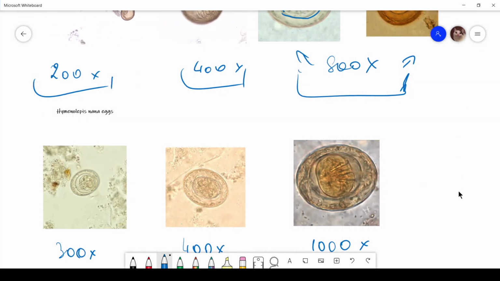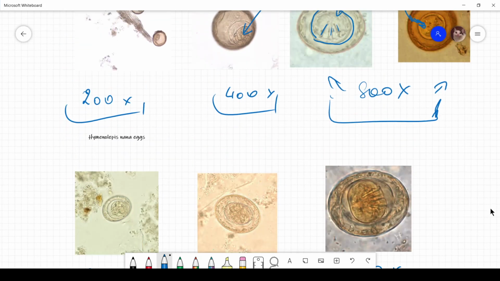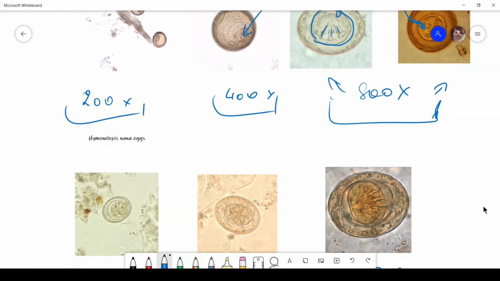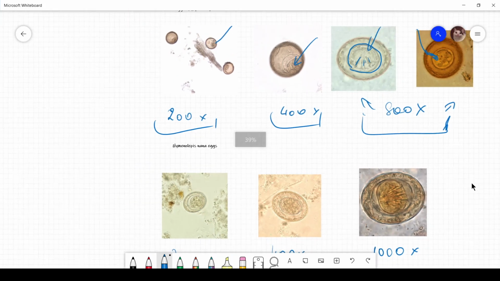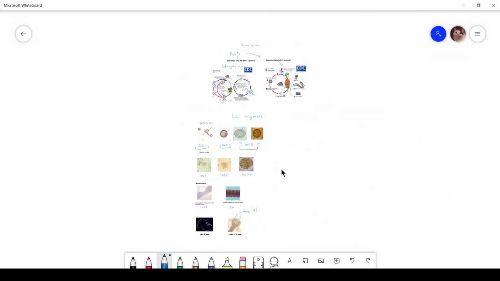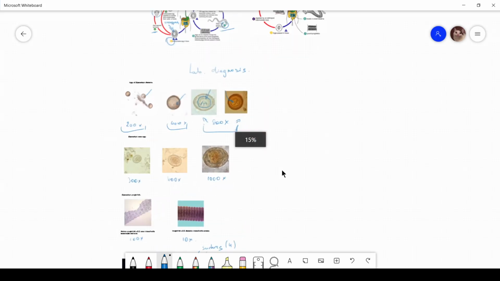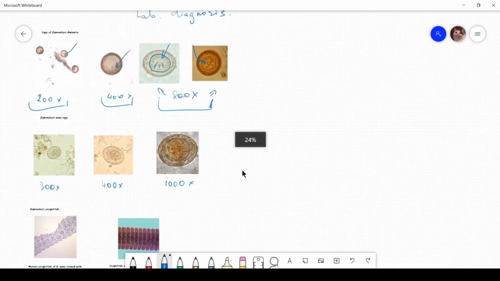Okay, Hymenolepis nana eggs, the next one, and as you can see, Hymenolepis nana and Hymenolepis diminuta eggs are similar.